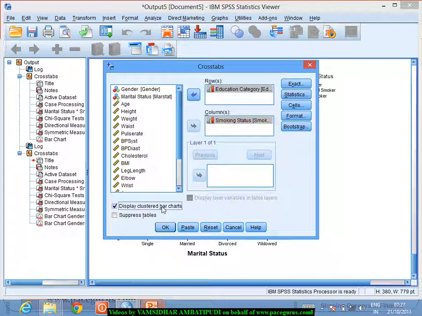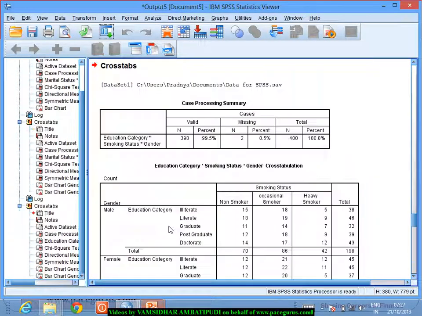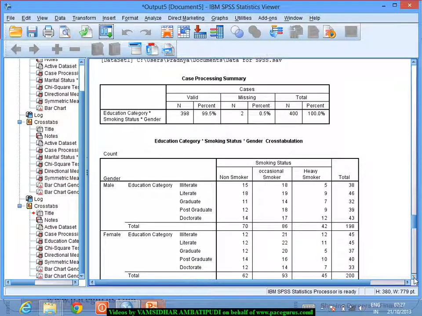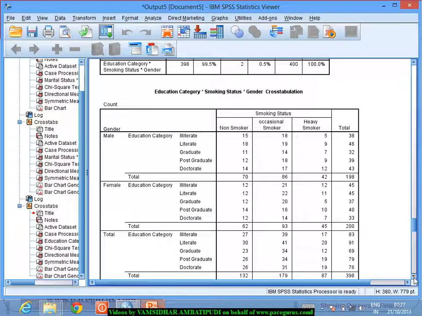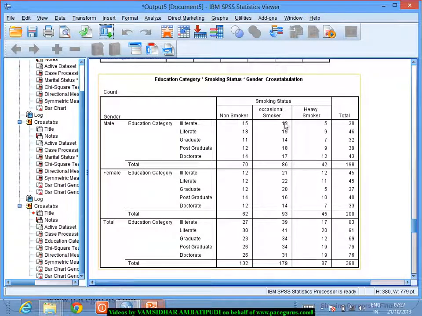If required, I'll go with a clustered bar, and probably I would even look at gender-wise for here also. I'll add the layering here also. Now let's see. Here what we are seeing, okay, across the various educational levels, these are the proportions, right? 15, 18, 5, 18, 19, 9, 11, 14, 7, 12, 18, 9, 14, 17, 12.